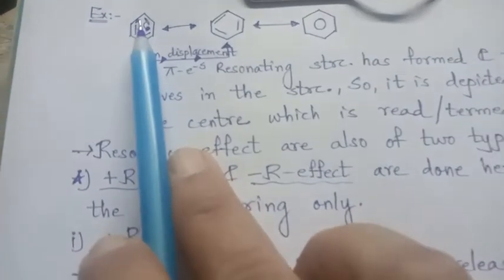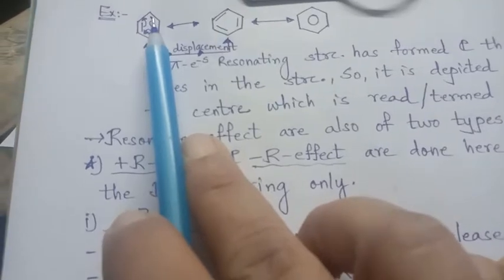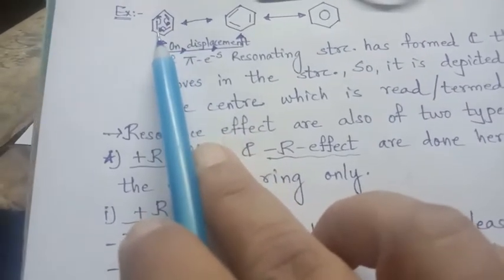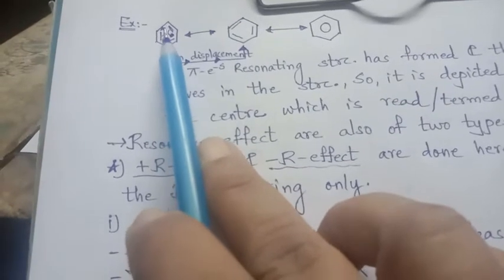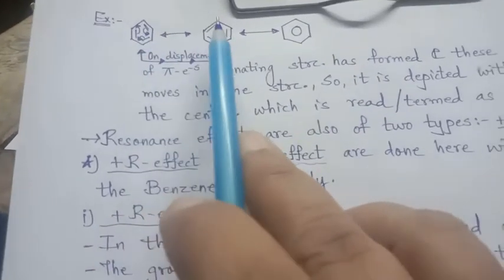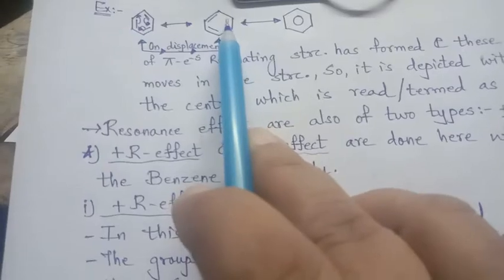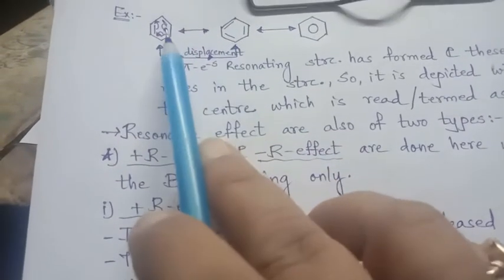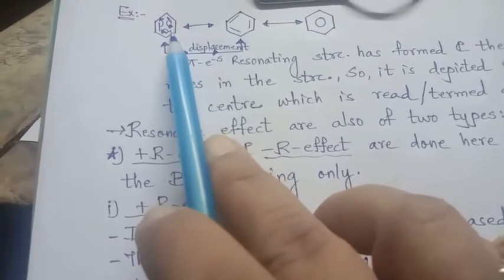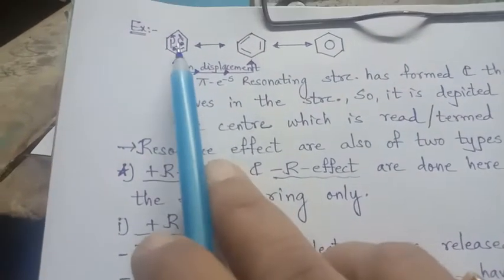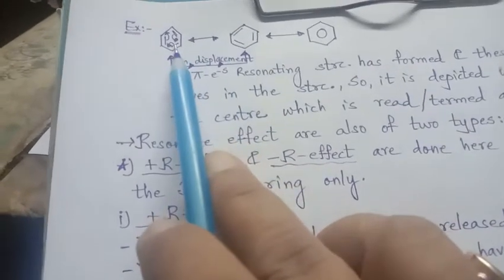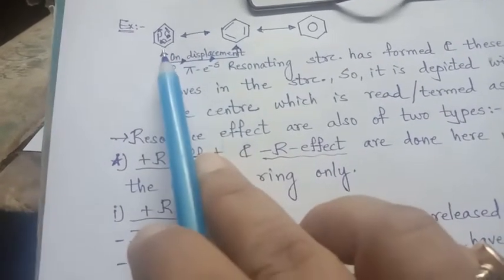So this bond will shift over here, and this bond will shift over here. So now the double bonds will be on the alternate positions compared to the first structure, right?